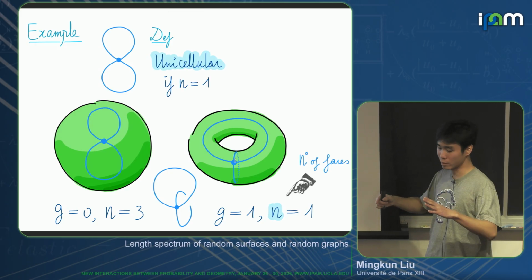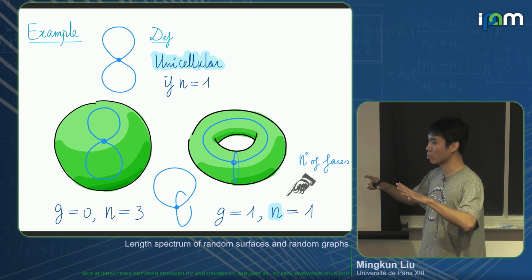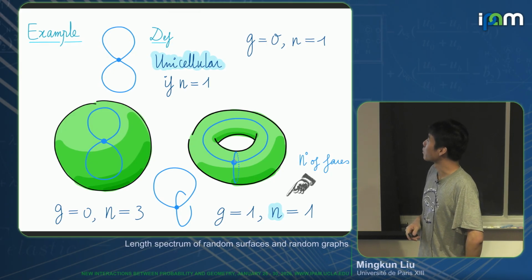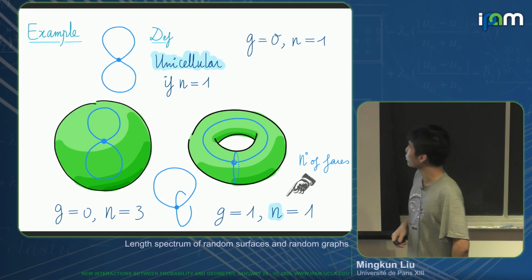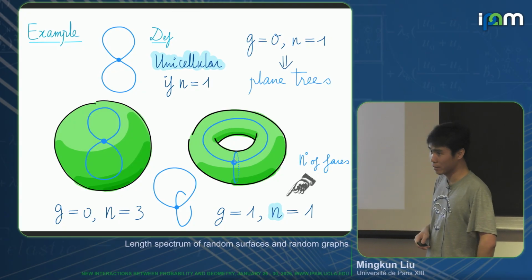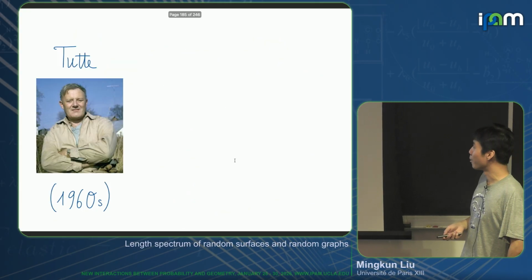You can see this as a surface obtained by gluing a very big polygon. And the simplest example is the planar case, and in this case, you just get all these plane trees, which are, I think, fundamental objects in combinatorics.